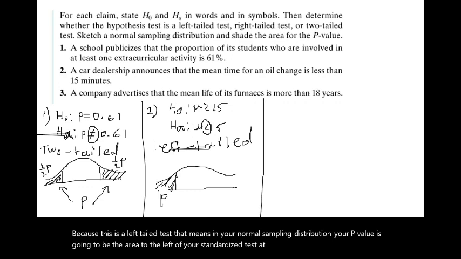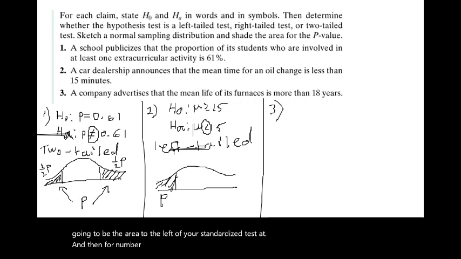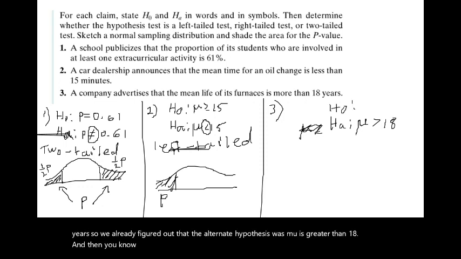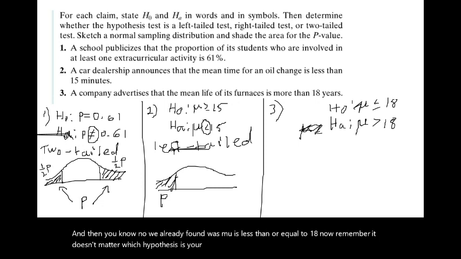And then for number 3, a company advertises that the mean life of its furnaces is more than 18 years. So we already figured out that the alternate hypothesis was mu is greater than 18. And then, the null we already found was mu is less than or equal to 18. Now remember, it doesn't matter which hypothesis is your claim. I don't care if the claim is the null hypothesis or the alternate hypothesis.